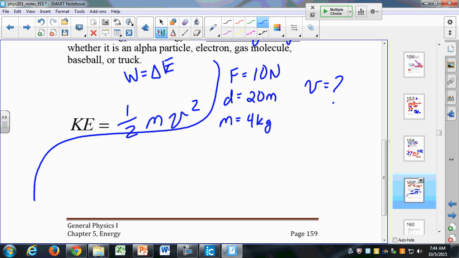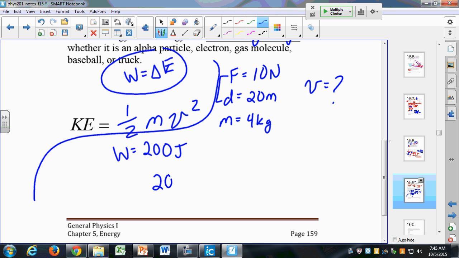But if we think about the work-energy theorem, it becomes a lot simpler. I can just say that the work is equal to the force times the displacement. Just assuming they're in the same direction, I didn't give you an angle. So that's 200 joules. And then I say, well, all of that work goes into changing the energy. All that work goes into kinetic energy.